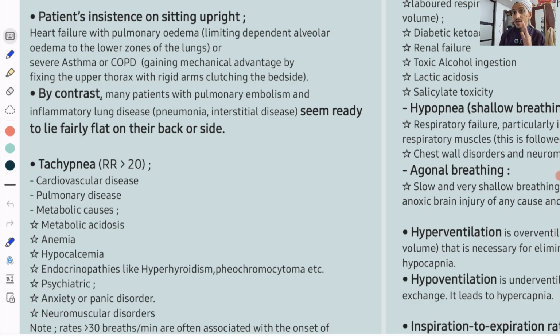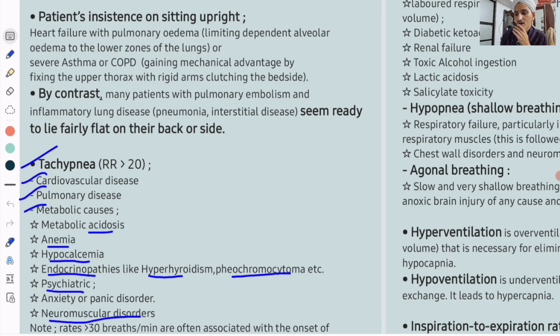So normal respiratory rate is 12 to 20. Now if the respiratory rate is more than 20, then you will call it tachypnea. When you have tachypnea, breathlessness, you can have cardiovascular disease, pulmonary disease, metabolic causes like metabolic acidosis, severe anemia, hypocalcemia, endocrinopathies like hyperthyroidism or pheochromocytoma, psychiatric causes like anxiety or panic disorder, and neuromuscular disorders.